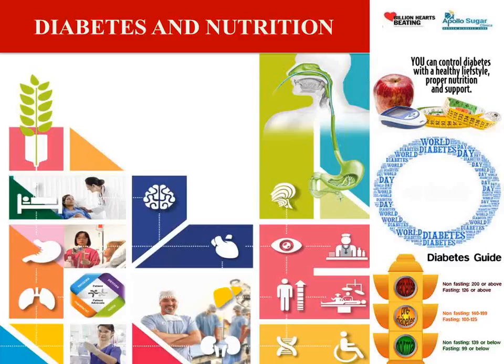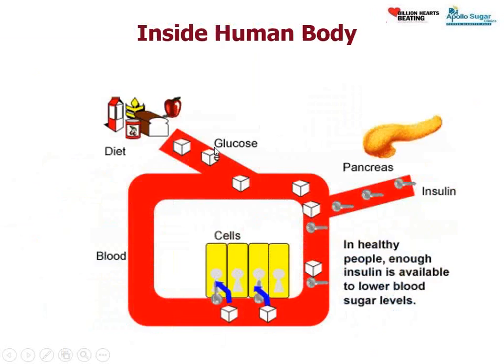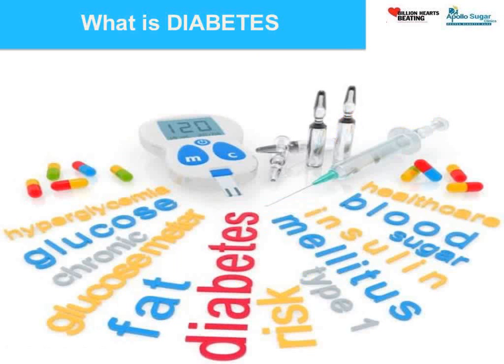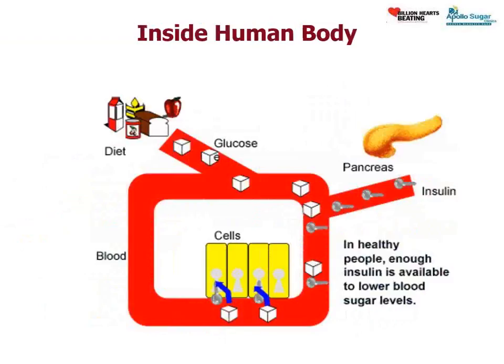What is diabetes? So diabetes is an elevated blood sugar level which is characterized as diabetes. In non-diabetic people, the body's own hormone insulin ensures that sugar is derived from the food and ends up in the cell and is metabolized into energy.